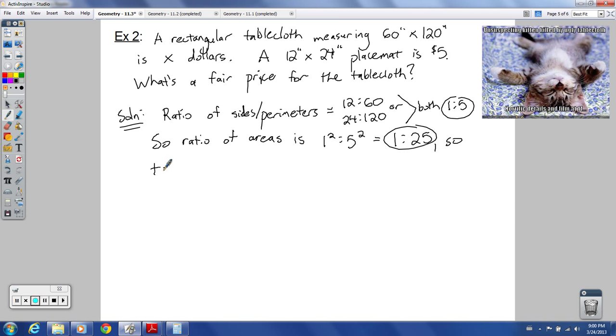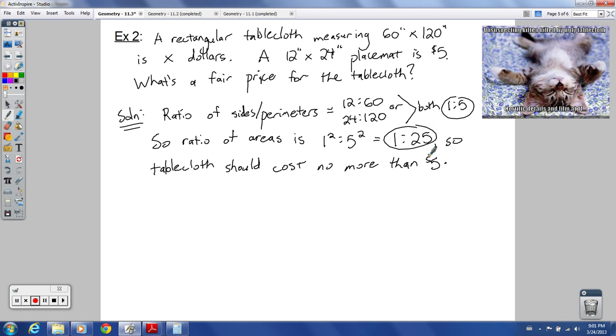But what's the fair price? That's the question asked. So the tablecloth should cost, I would say, no more than, if it's going to be the same price per square inch of the placemat, it should cost no more than 5 times this 25.